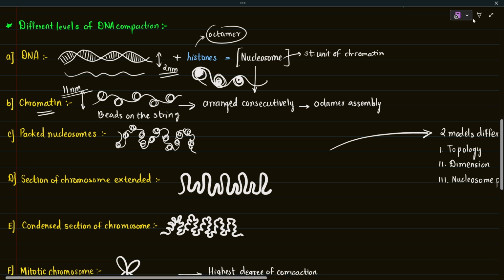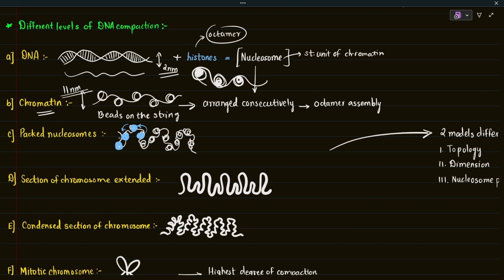Let me just change the color. Let's take it to blue. Okay, so now you start coiling this in such a way that you put one nucleosome next to the other, closer, then the next nucleosome closer to the first nucleosome, and the next nucleosome closer to the previous nucleosome.